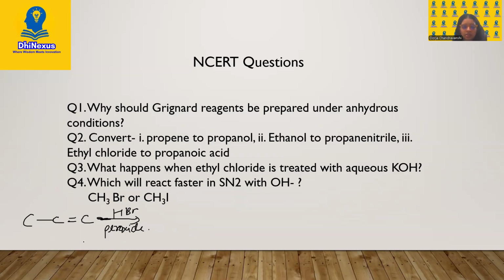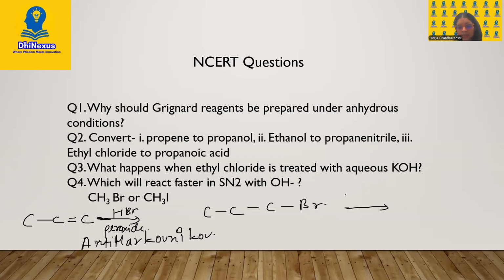Why? Because this reaction is anti-Markovnikov. So I will get a bromine on this carbon, and that when reacted with, what conditions do we use to prepare alcohols? We put aqueous KOH. The opposite, just like we discussed a while ago. So CH3CH2CH2OH. This is the direct way to produce it.